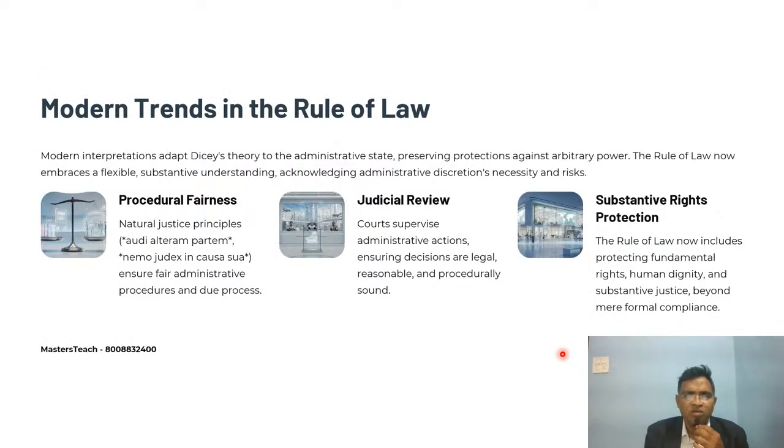So, modern trends: the rule of law in its modern interpretation adapts Dicey's theory to the administrative state, preserving protection against arbitrary power. The rule of law nowadays embraces a flexible, substantive understanding, acknowledging that administrative discretion is necessary, and regulating its risk.